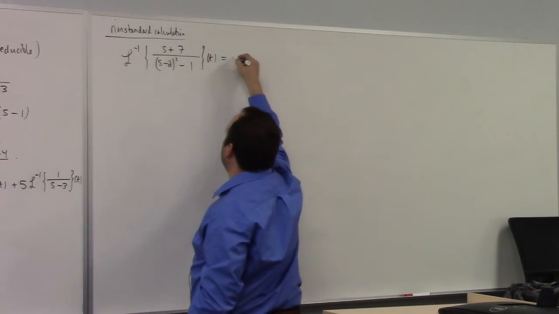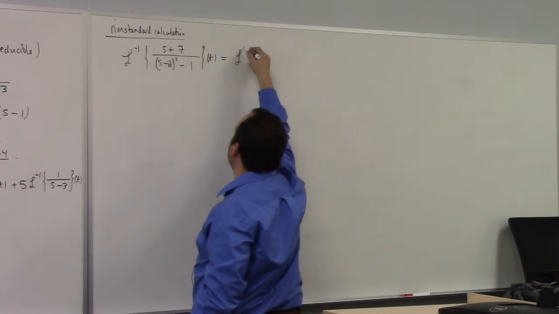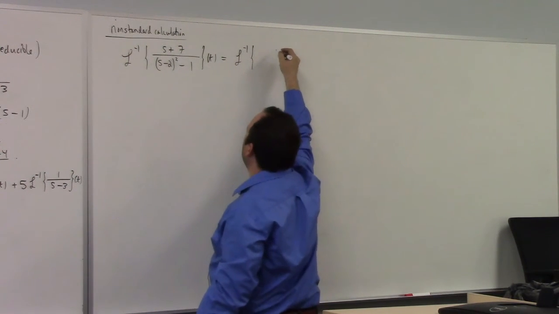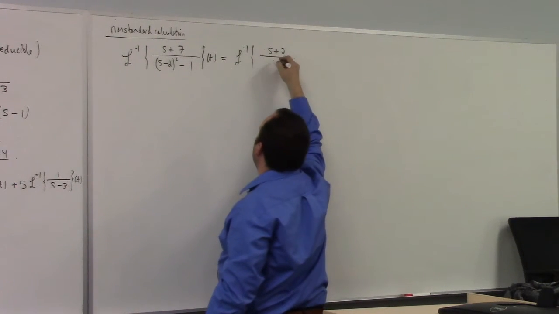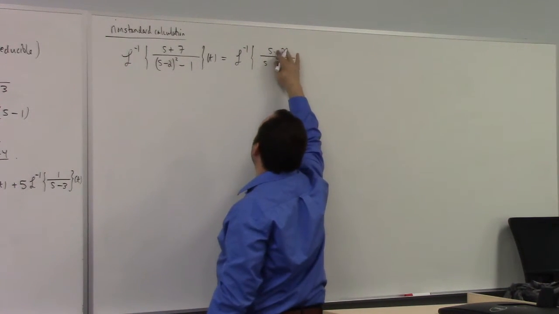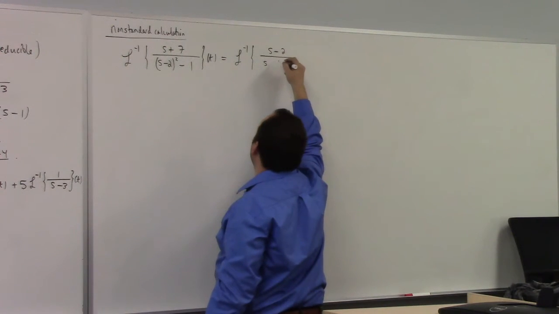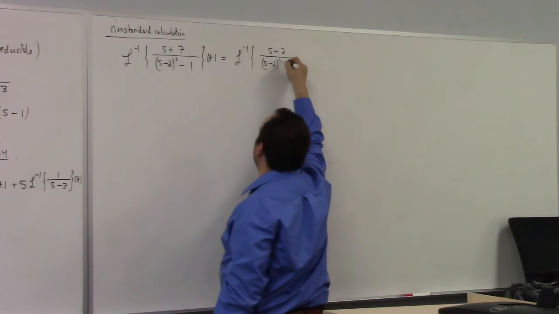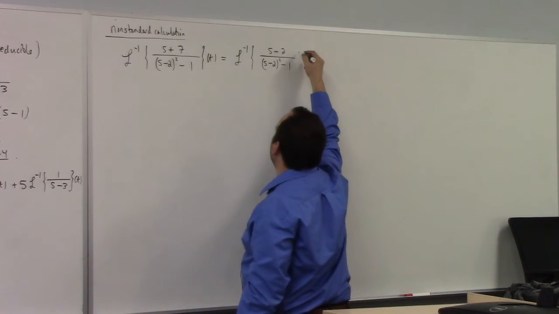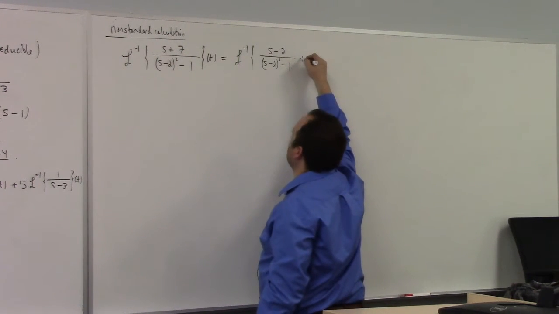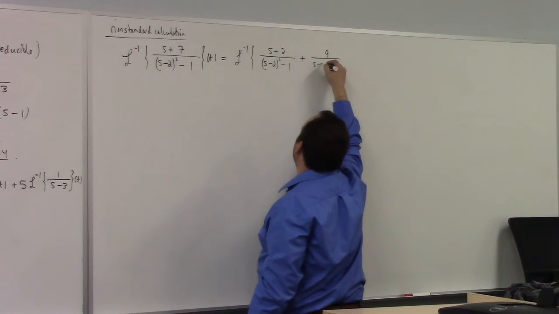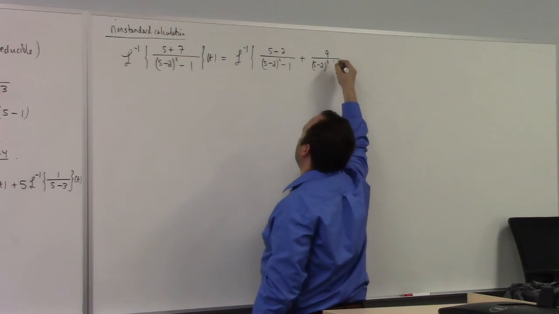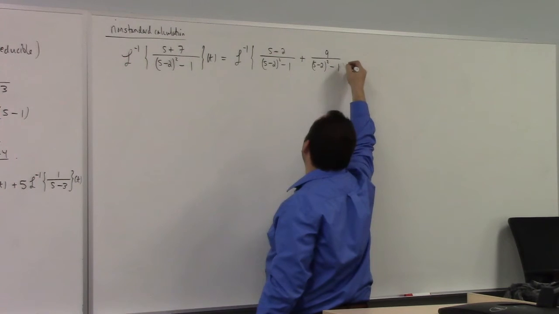So if you tilt your head and squint, you can see that that's the inverse Laplace transform of s minus 2 plus 9 over s minus 2 squared minus 1.